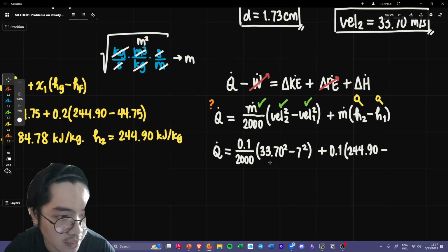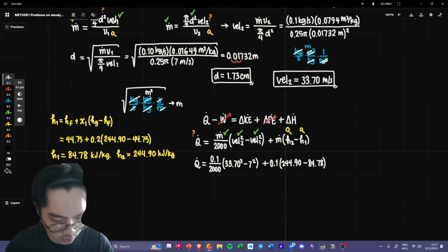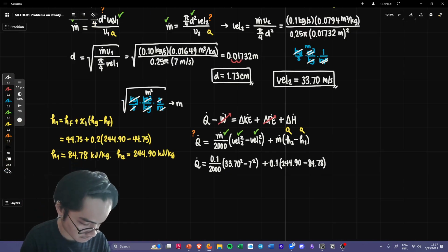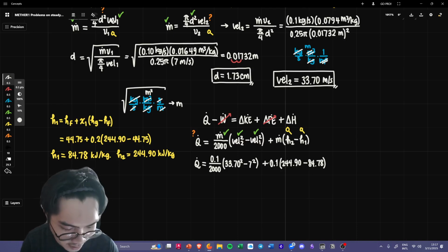244.90 minus 84.78. This should all bring us to a value of 0.1 over 2000 times 33.70 squared minus 7 squared plus 0.1 times 244.90 minus 84.78.